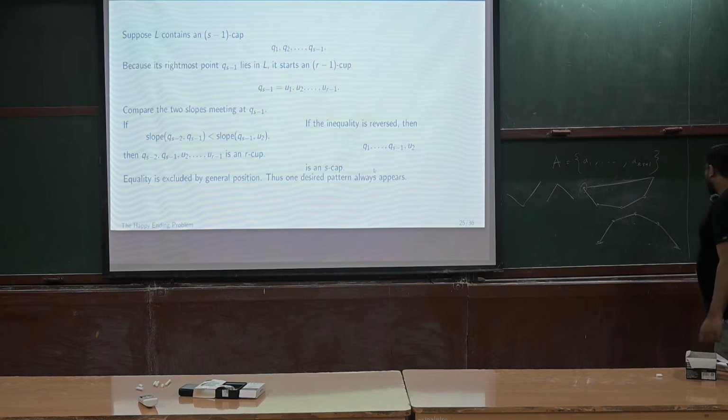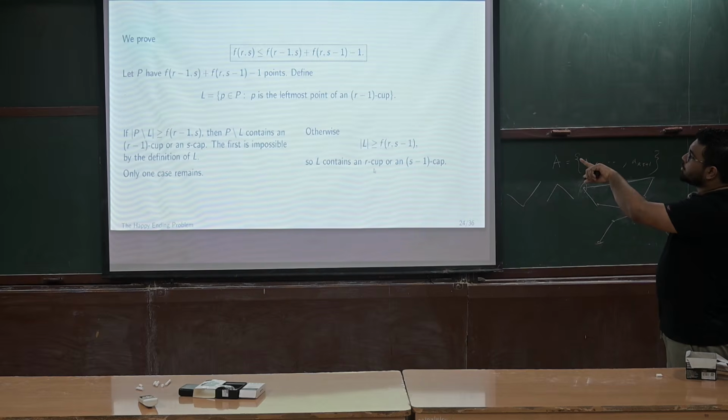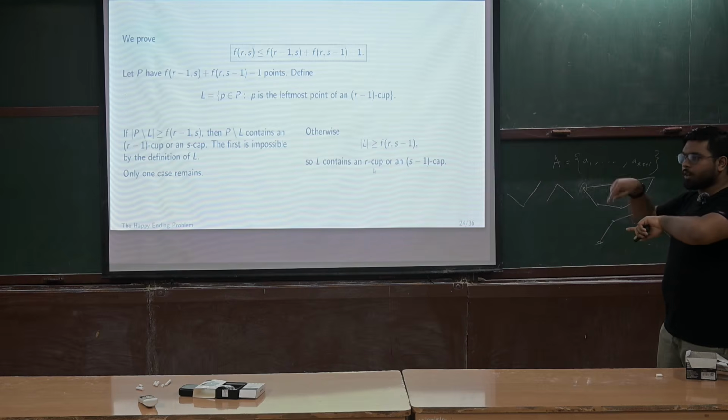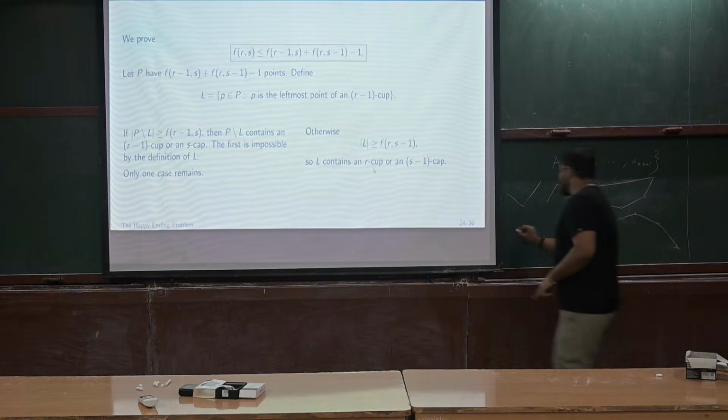And because qs minus 1 is the rightmost point in L, and also for L we chose all of those vertices that are the leftmost point of an r minus 1 cap. From each of these points an r minus 1 cap starts. So you have this kind of an arrangement.